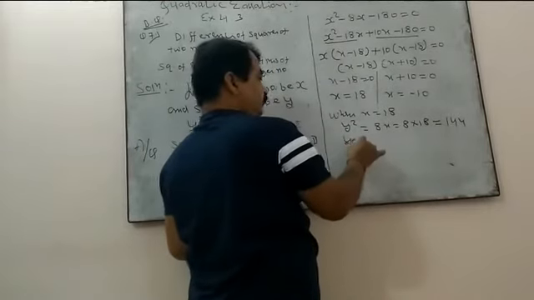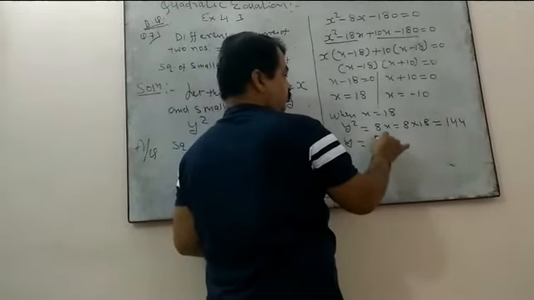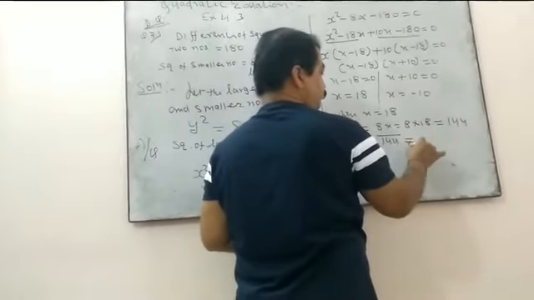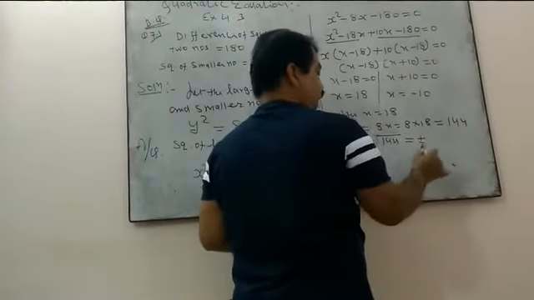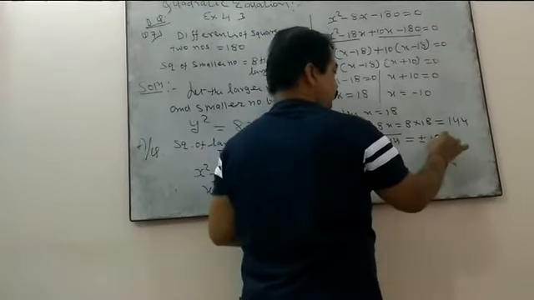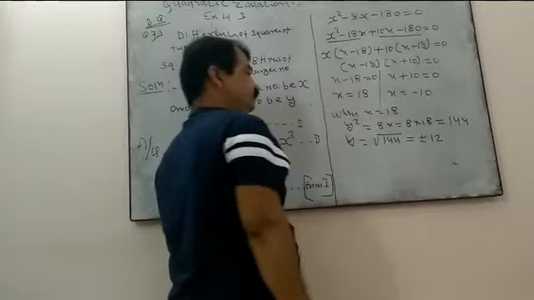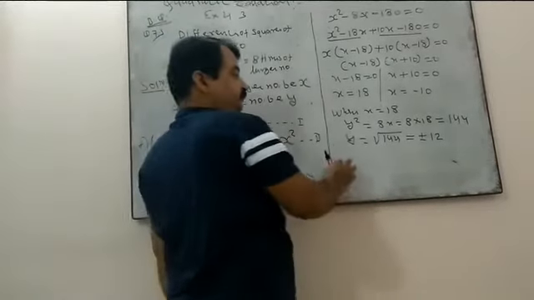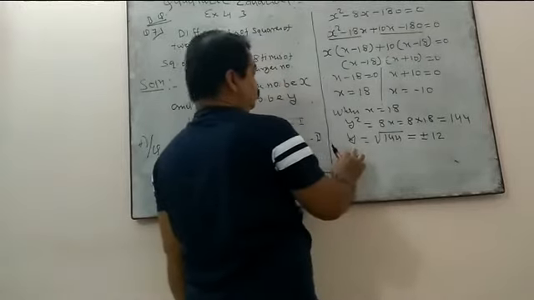So find y. So y equal to what you get? Under root 144. 144 means what? Plus minus, when your value comes out, it may be positive or negative. So plus minus 12. 12 times 12 is 144. Right? So for y, what is y here?